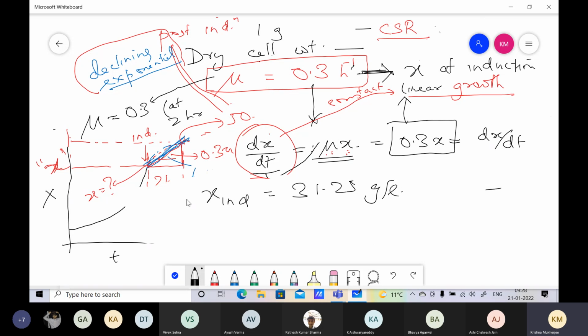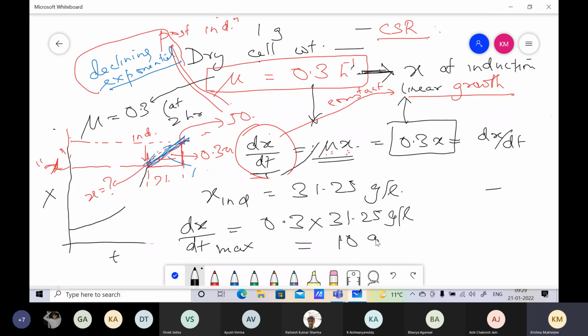And so the rate of growth dx by dt has also been increasing, which is given by 0.3 into X, at the maximum 31.25. Now this is dx by dt max, which is equal to how much? Approximately 10, and let us not get 9 point something.